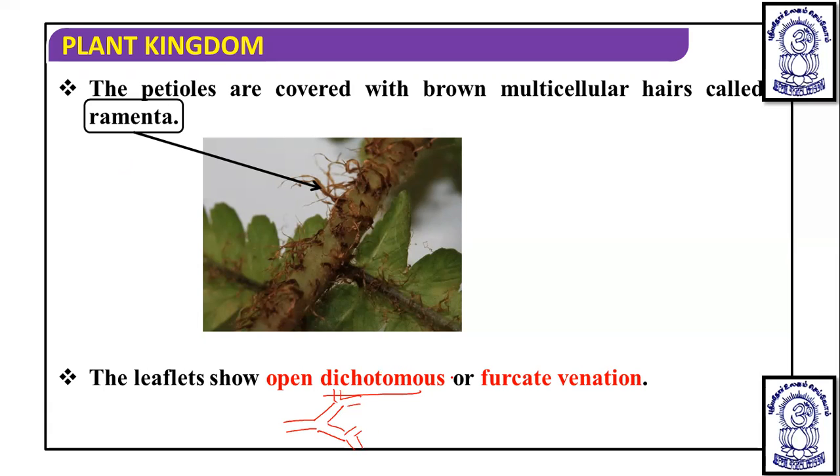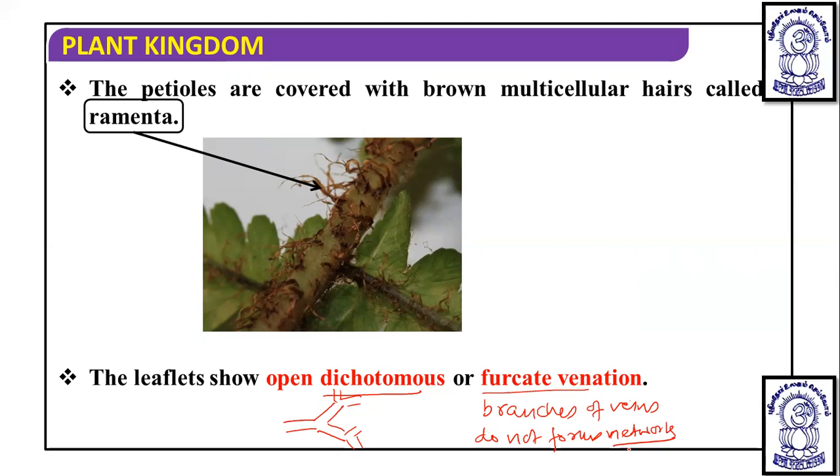But furcate venation means that branches are formed, but the branches of veins do not form a network. So branches of veins are present, but the veins are not interconnecting and forming a network. If they form a network, then it is known as reticulate venation.